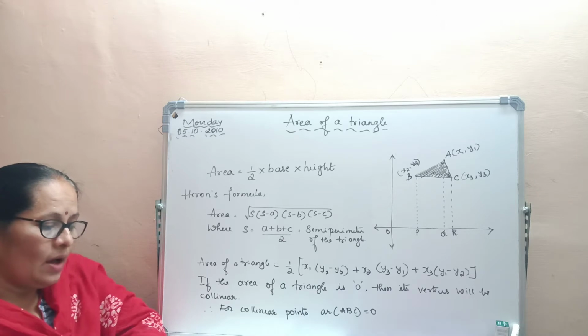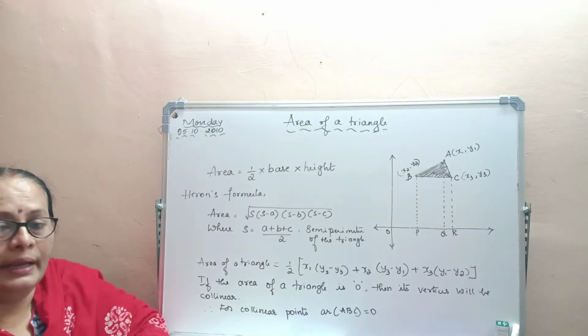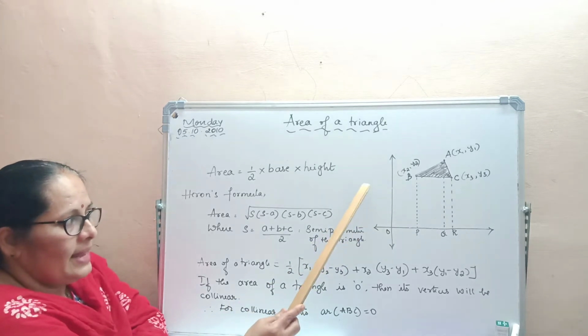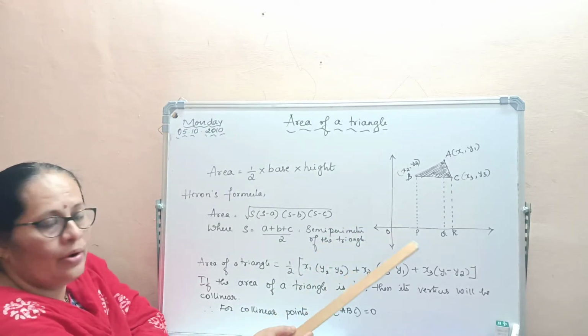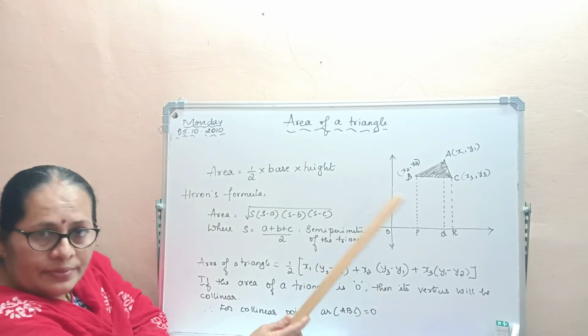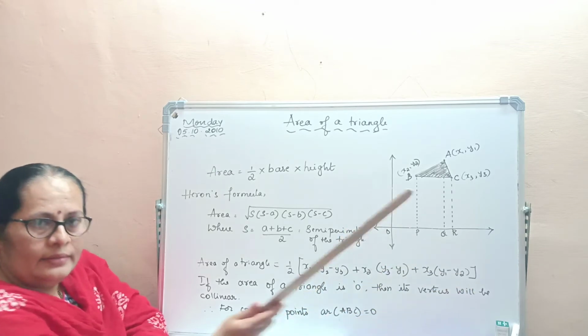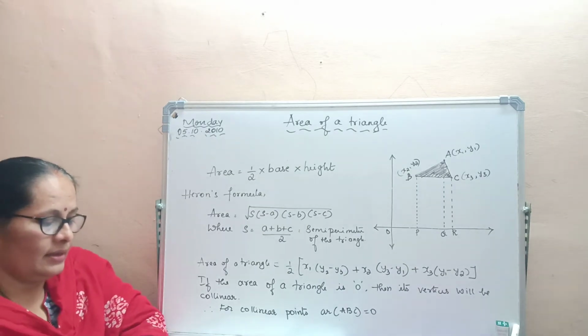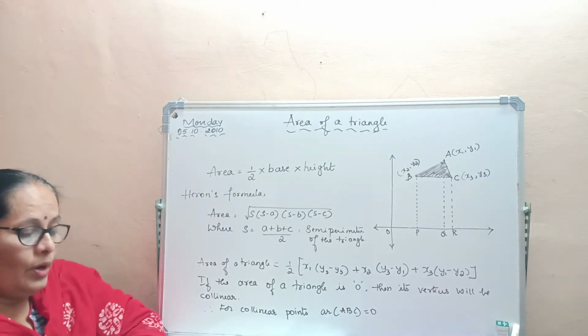Sometimes the area of a triangle will come out negative. Why? Because here we are using coordinates. Suppose the triangle is in the third quadrant, fourth quadrant or second quadrant, then you will get a negative area. But you know that area cannot be negative.